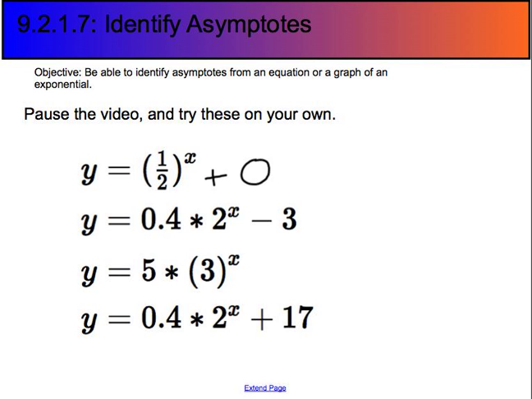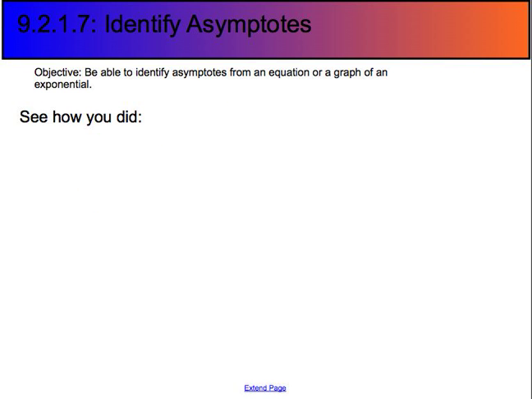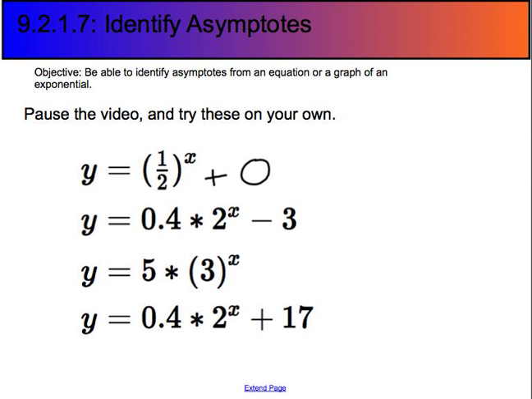Could have a plus 0. Basically, it's not higher or lower than the normal, the parent graph that you have in your parent graph toolkit. So the first one is y equals 0 because it's just as normal. Hopefully you're also noticing that it's always y equals a number for exponentials because they're flat lines.